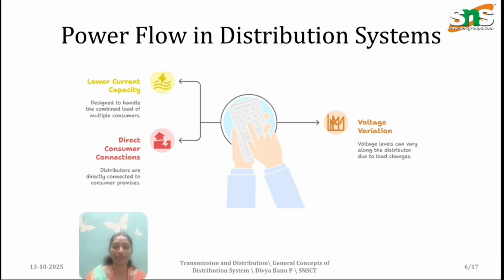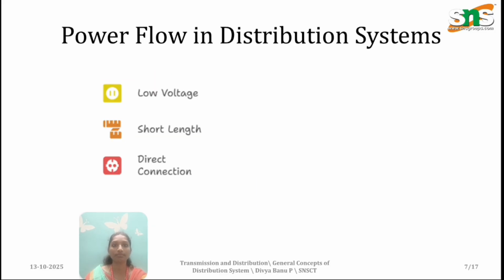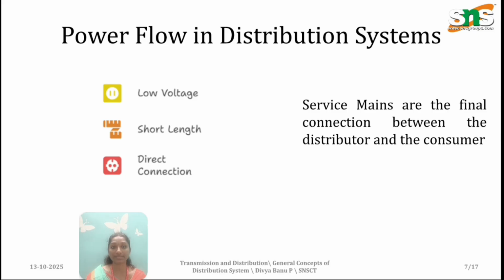For each consumer individually, we will not be able to transmit and distribute, so we have a bulk of customers in that particular area. Low current capacity, direct consumer connections and voltage variations are very important parameters that we have to consider before distributing to the consumers. Next is service mains.